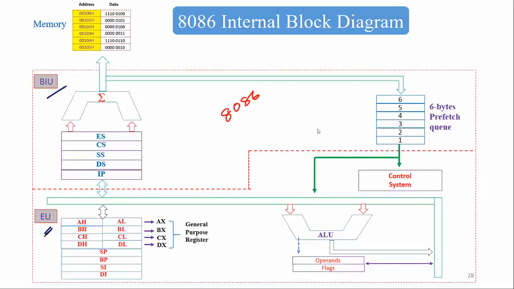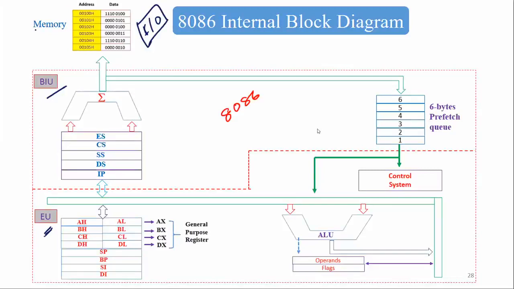But the BIU fetches things; it is connected with the memory and with other things. The buses of it are connected with input-output, so that can be input-output ports also.